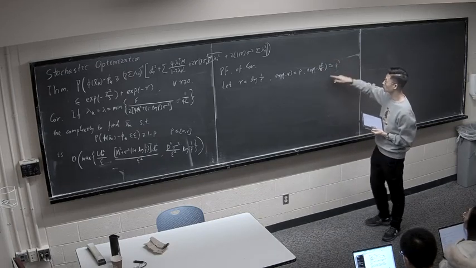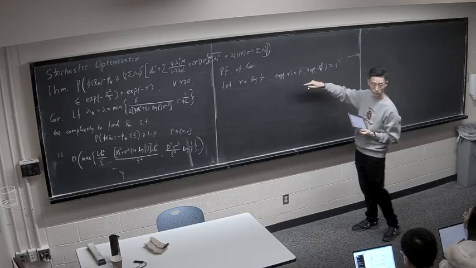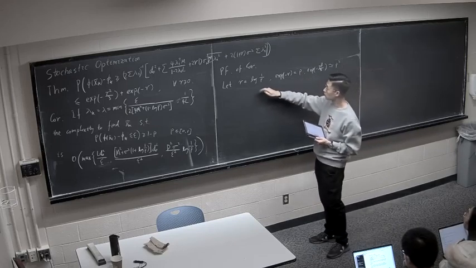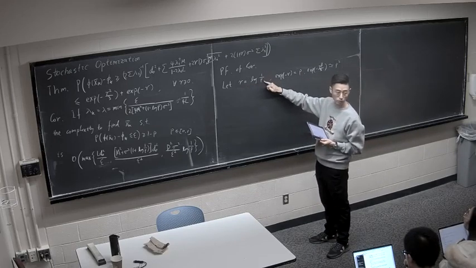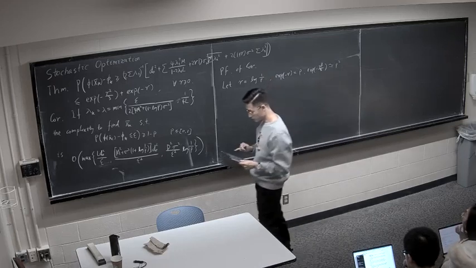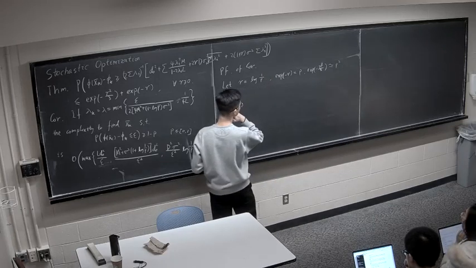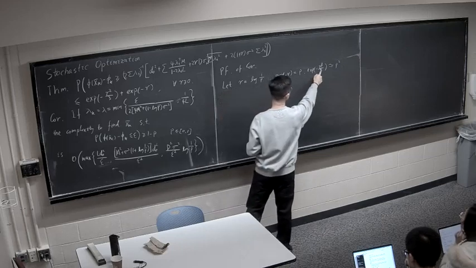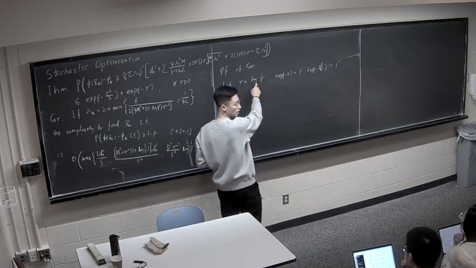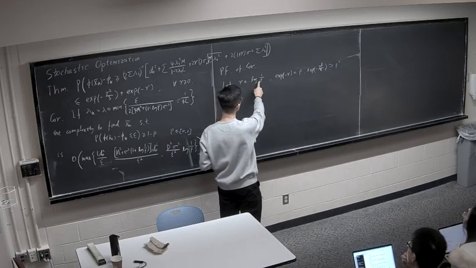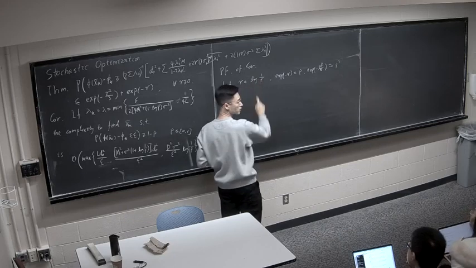P squared is much smaller than p, so this is a dominant term, right? So it's sufficient to take gamma to be log of 1 over p. If you want to be precise, we just need to play with the constant here, to adjust the constant, but it's just on the order of p. This is just the log of 1 over p.